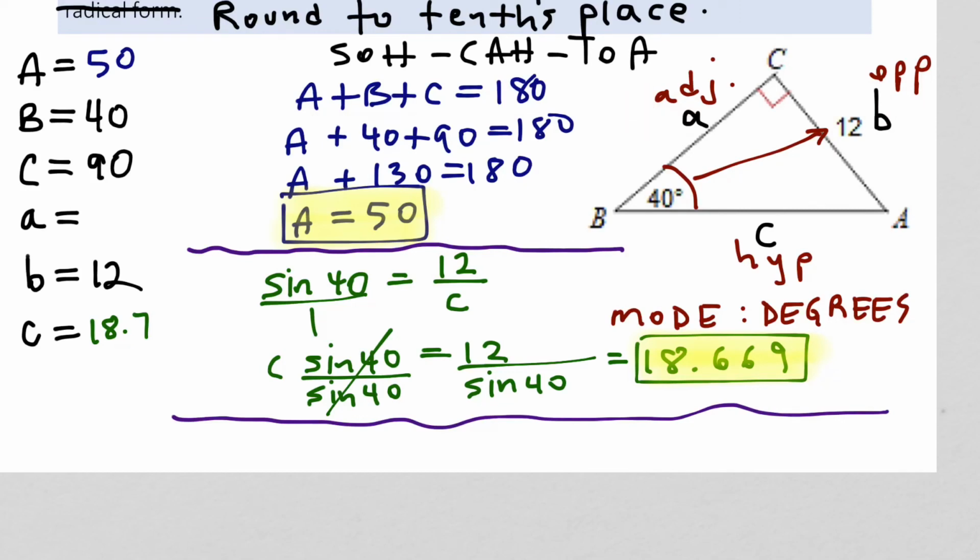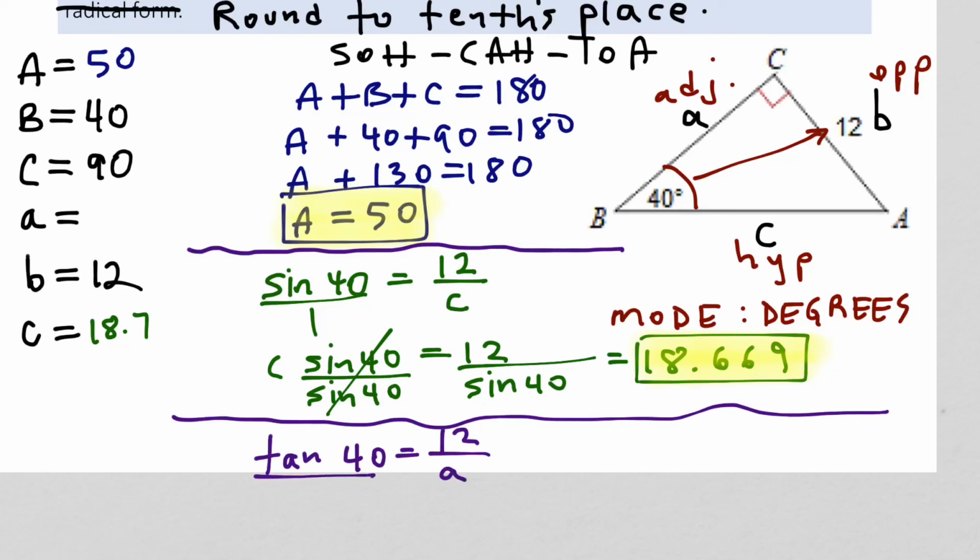That means I'm going to use tangent. Tangent is opposite over adjacent. You figure that out by using the number you're given and the side you're trying to find. So I'm going to say tan 40 is equal to opposite, which is 12, over adjacent, which is A.